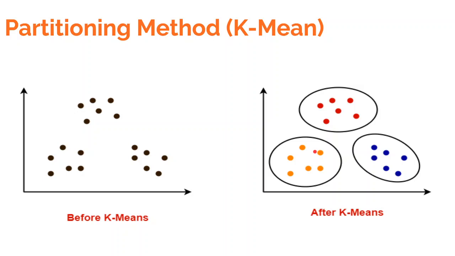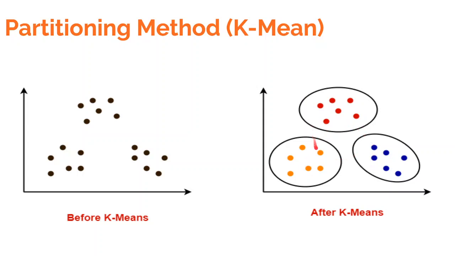However, if you compare the data present between all these three clusters, then these are very dissimilar. This red data is very different from this orange data and from this blue data.